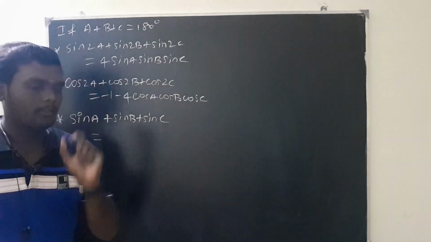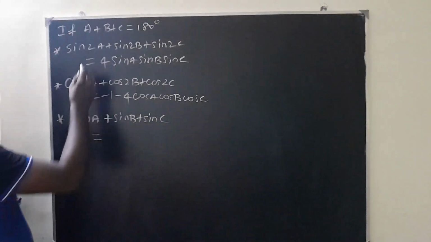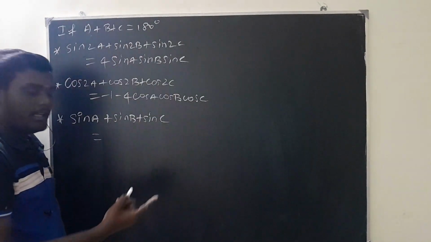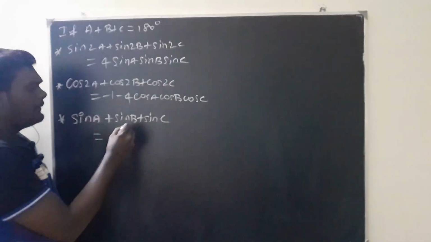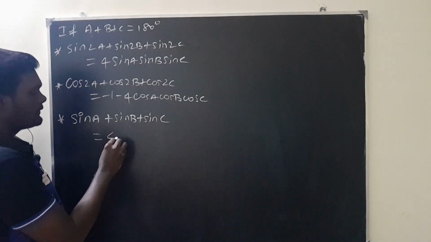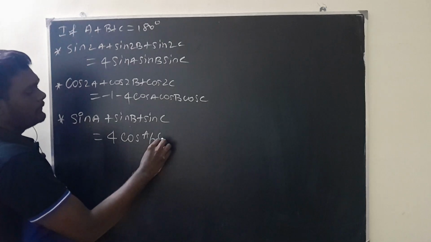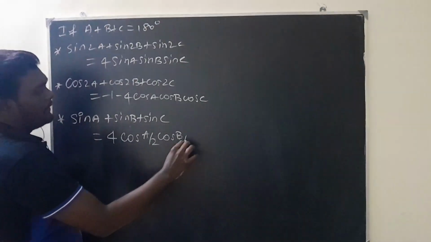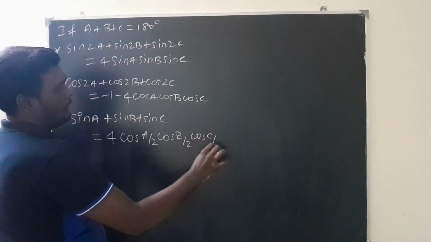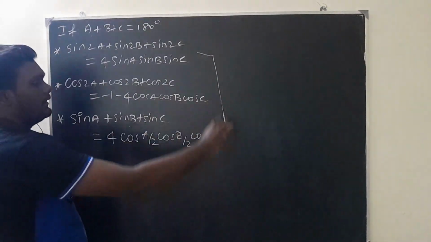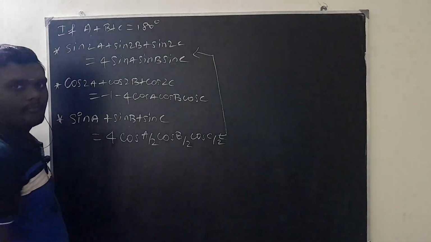Just listen closely. See, we have the same condition for this identity also: A plus B plus C is 180 degrees. Here sin A plus sin B plus sin C equals 4 cos A by 2 cos B by 2 cos C by 2. Can you find any difference between the first one and this identity?